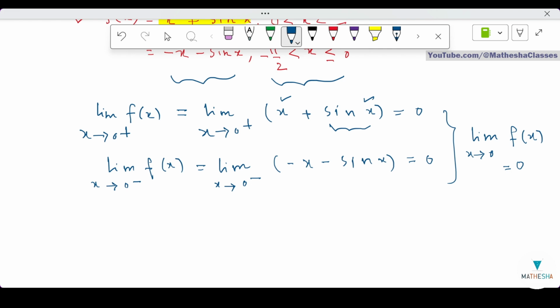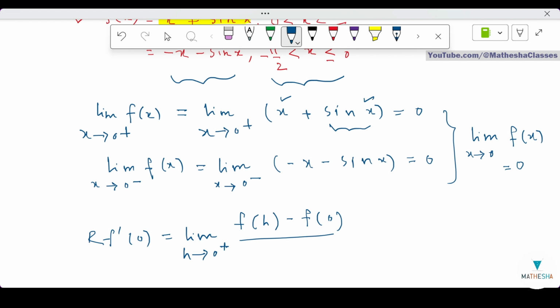When considering the right hand derivative of f at 0, you take the limit as h tends to 0 plus of f(h) minus f(0) by h.